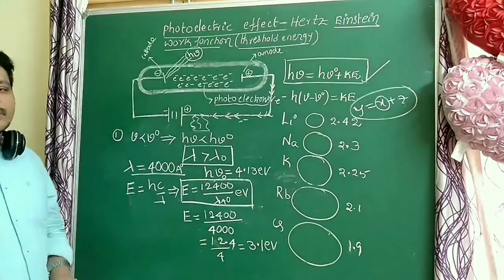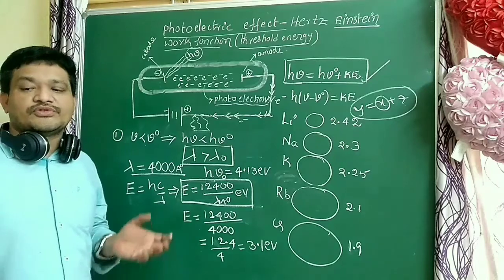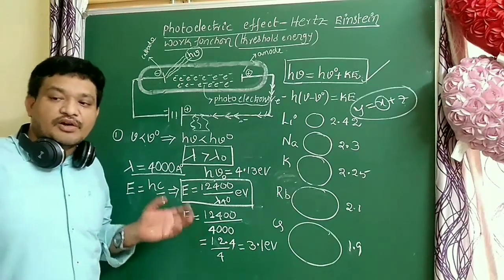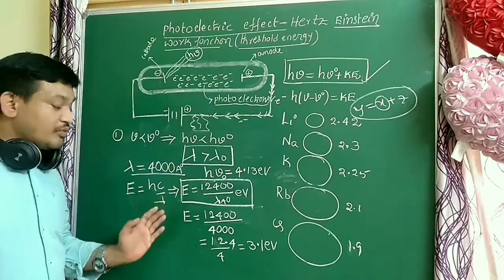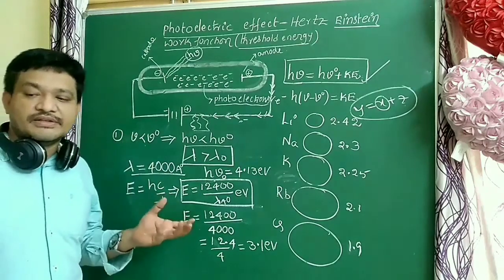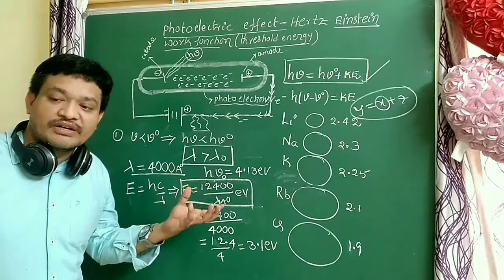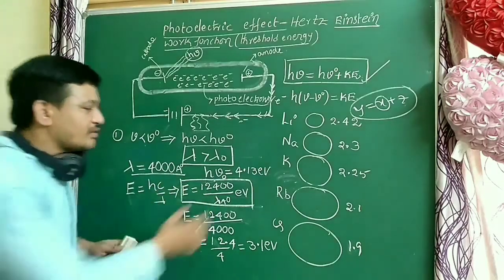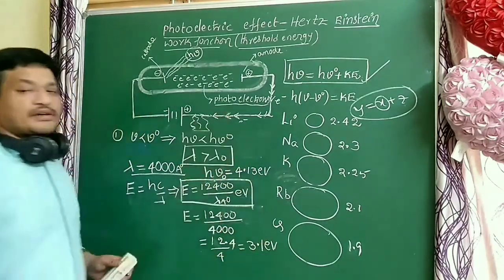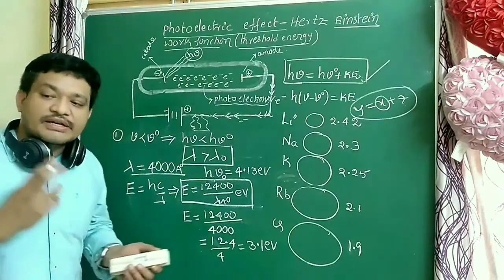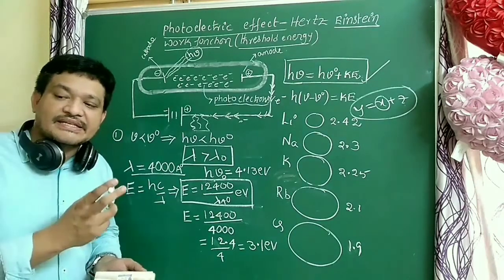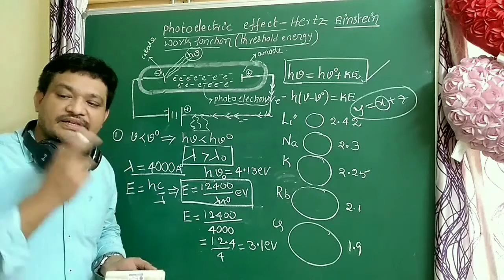How much light energy is there, students? 3.1. When compared to the threshold energy, that is less energy.